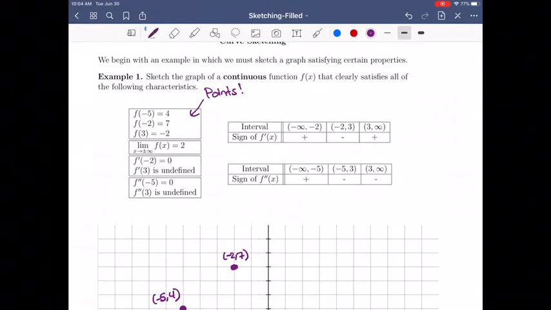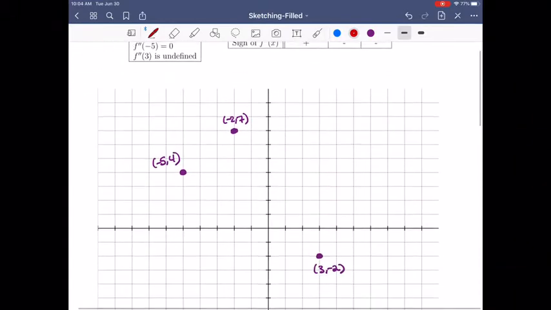Now, what is the next box telling us? It says the limit as x goes to plus or minus infinity of our function is equal to 2. This is telling us that we have a horizontal asymptote. So y equals 2 is a horizontal asymptote. Okay, so I can sketch that on my graph as well.